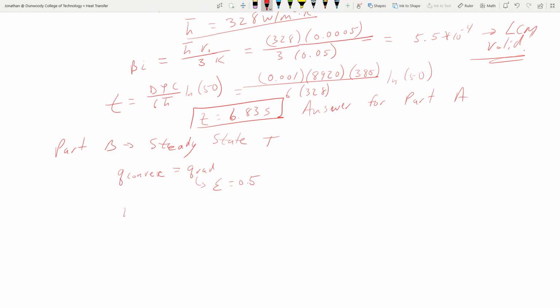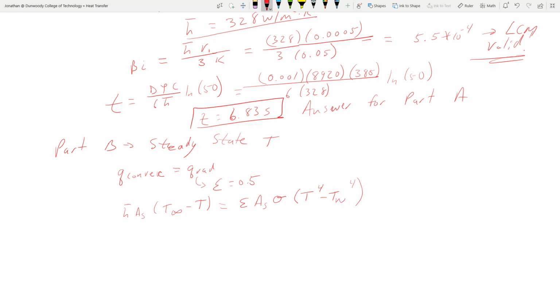So we have H bar A_s (T infinity minus T), so it's coming to the surface, equals epsilon A_s times the Stefan-Boltzmann constant times (T to the fourth minus, what do I want to call that, the wall temperature, let's call that T_w to the fourth).